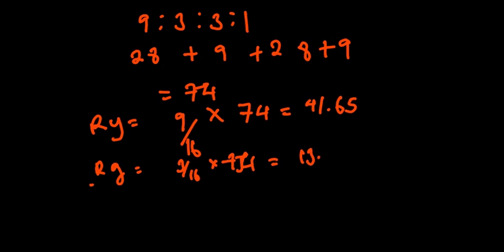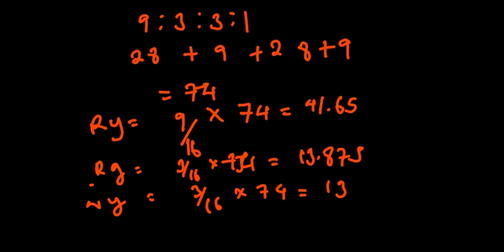Then we have wrinkled yellow. These are 3 out of 16 times 74, giving us 13.875. Okay, same ratio. Then we have wrinkled green now, 1 over 16 times 74, giving us 4.625.